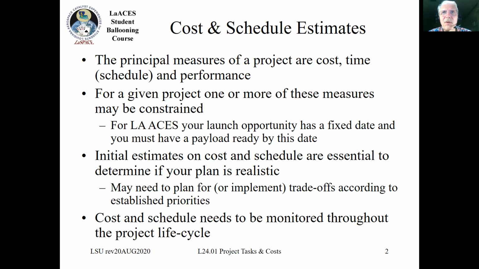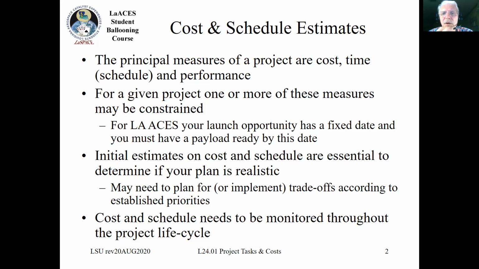So for example, in this ballooning project that you've got right now, there is a fixed date for the launch. So you have to have your payload ready by this date. So your time is fixed or constrained. You have to be able to adjust your project cost and performance appropriately in order to make that constraint.